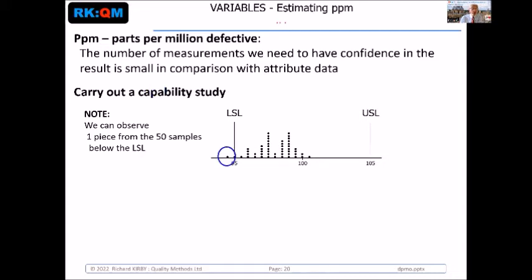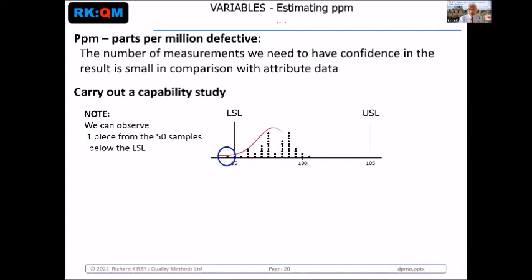Here there is one piece which is out of specification, below the lower specification limit. We can see that. And this one out of specification piece will be the basis of the unhelpful observed ppm, which here is 1 in 50, which is 20,000 parts per million defective.